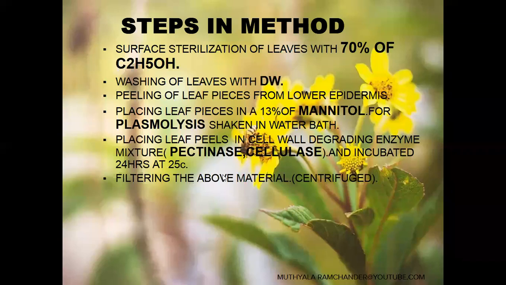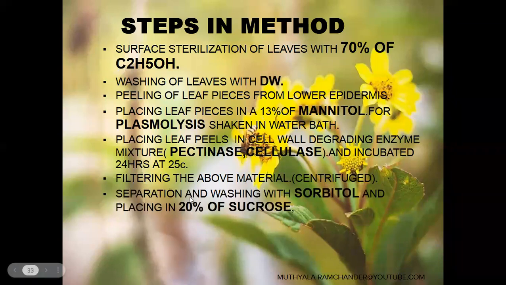The protoplast and cell wall degrading mixture is filtered for separation and washed with sorbitol. The selected protoplast by the filtering is called separation. The separated protoplasts are washed with sorbitol solution and placed in 20% sucrose.